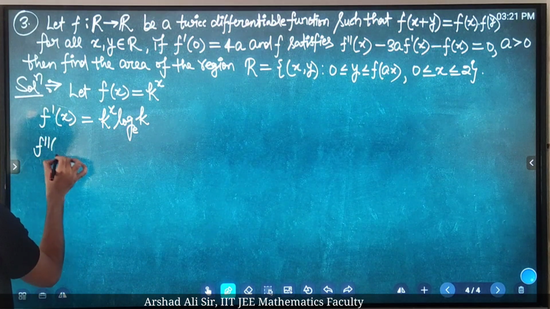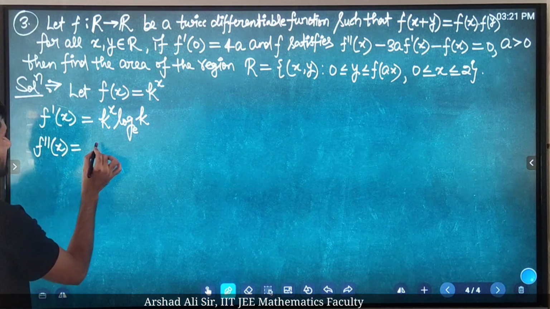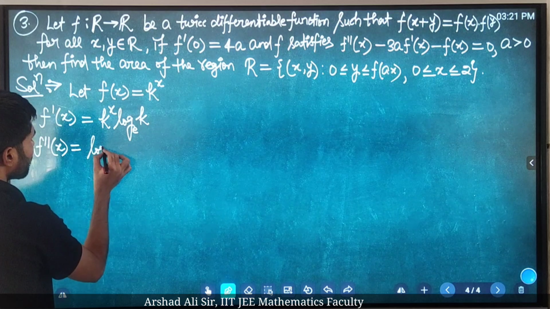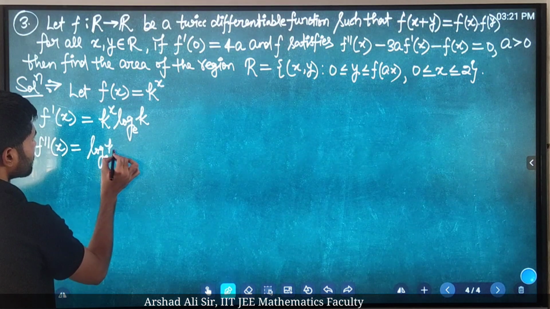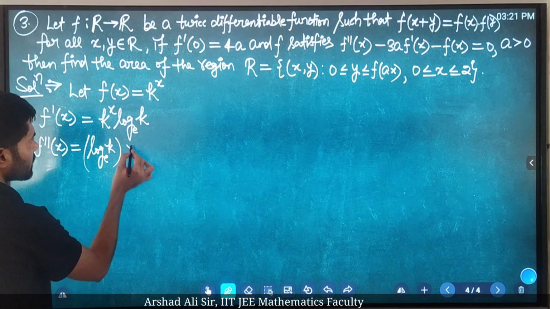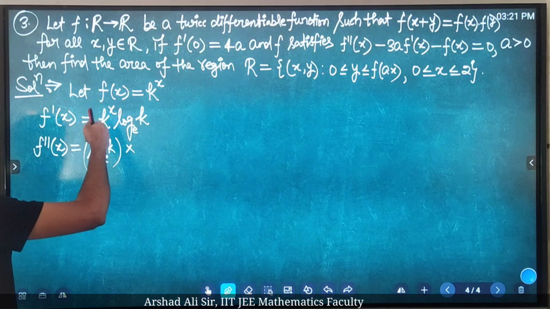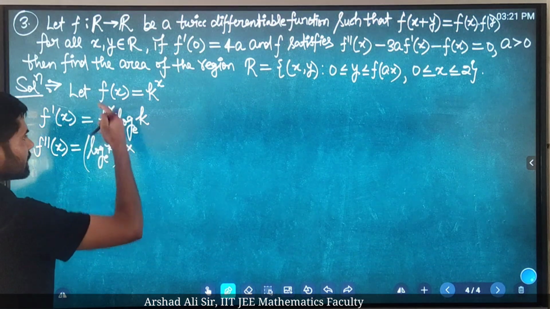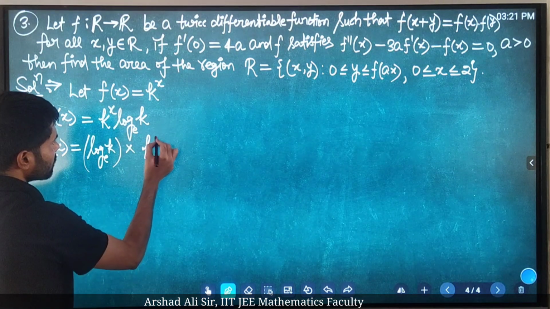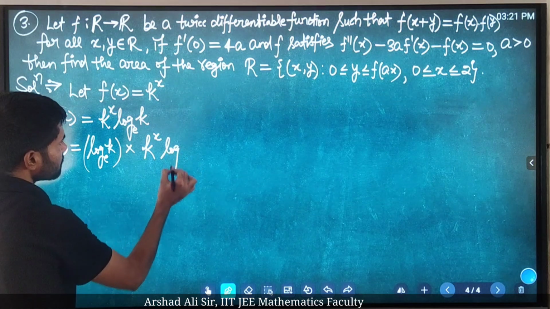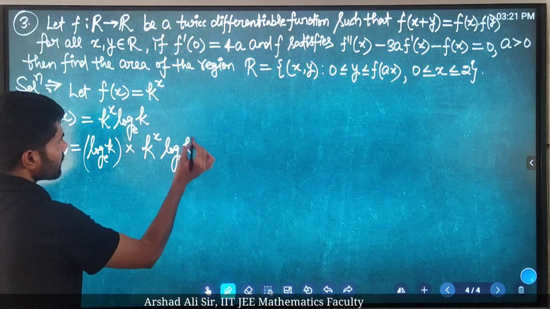We need the double derivative, f double dash of x. Here logarithm e base k is a constant term, we can take it outside. So the main function is k to the power x. So what is the derivative of k to the power x? k to the power x into logarithm e base k.